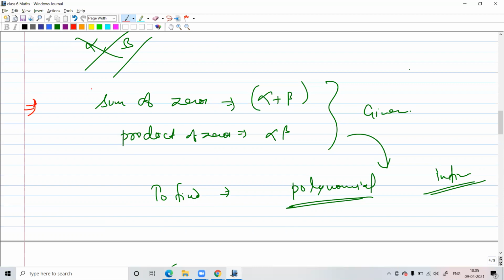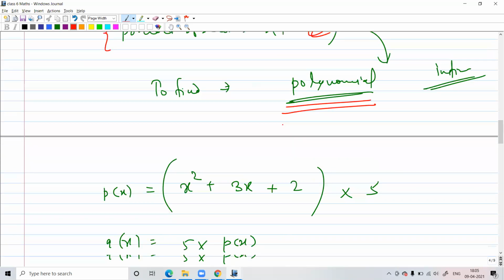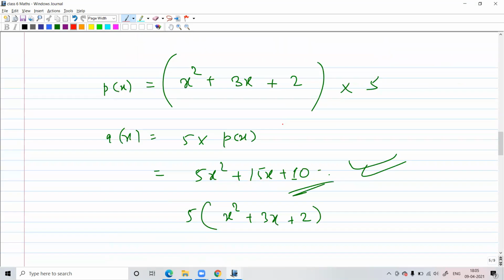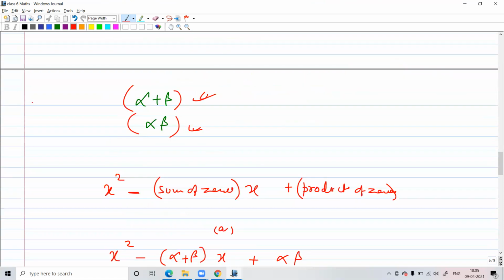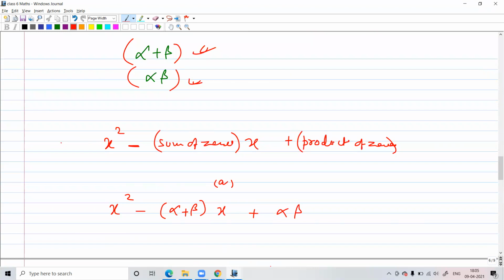In this problem, your sum of zeros and the product of zeros will be given to you, alpha plus beta and alpha into beta. You will be supposed to find out the polynomial based on this information. The method is very simple. Write x square minus the sum of zeros, whatever is given.